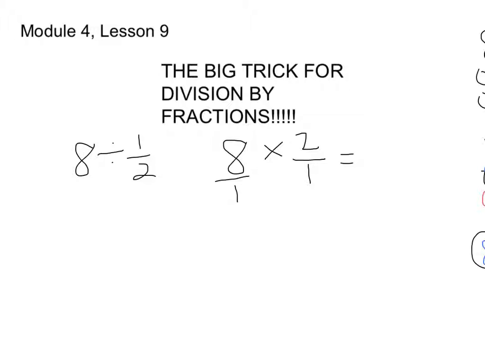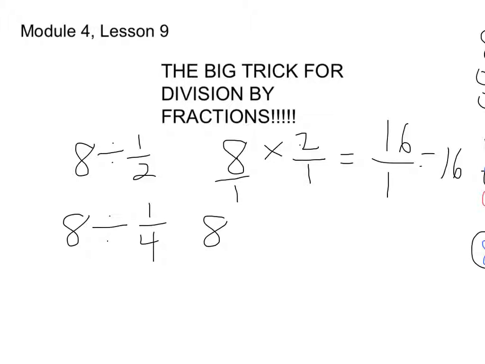I multiply across. 8 times 2 is 16. I've got a 1 in my denominator, so it just is 16. I promise you, it works every time. If I want to divide by 1/4, well, that's really the same as multiplying by 4 over 1. And in fact, we can just forget these 1s under here.